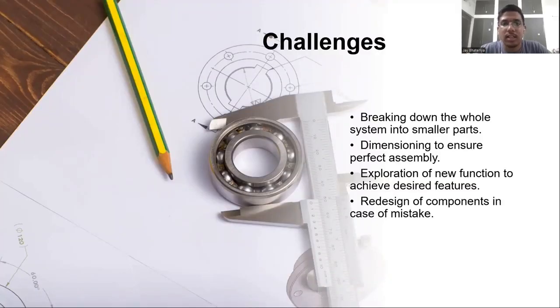So now coming on to the challenges that we faced. There were several challenges which we faced while modeling this suspension system. The first, as we know, is that the suspension system is very complex and it has many components. To study and understand the functioning of those components, how they work, how we will assemble it and how we will give dimensions, it was a bit difficult to collect the data.